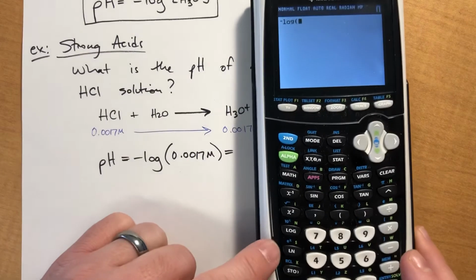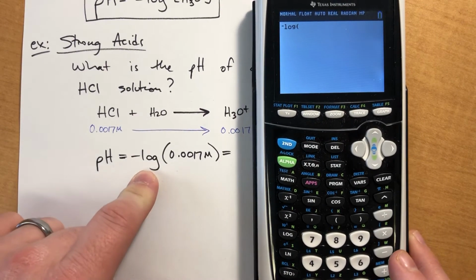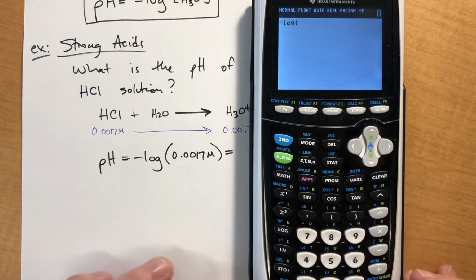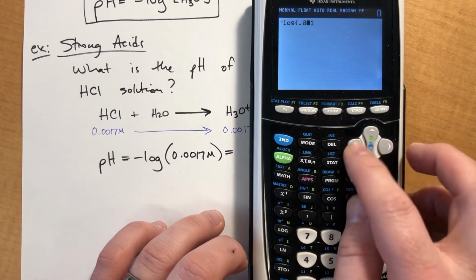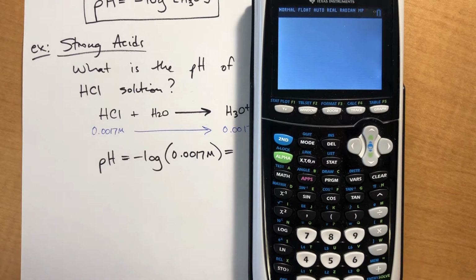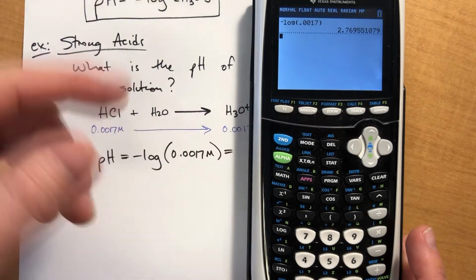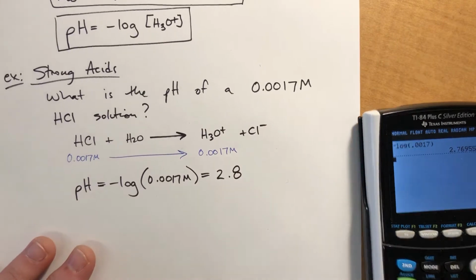So not natural log, regular log, log base 10. We are switching from natural log to regular log for quite a while now. Okay, times 0.0017. Hit enter, and the answer comes out to 2.8. So our pH is 2.8.